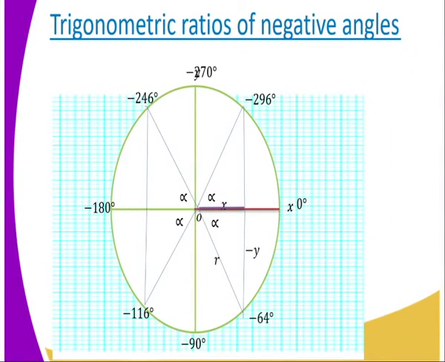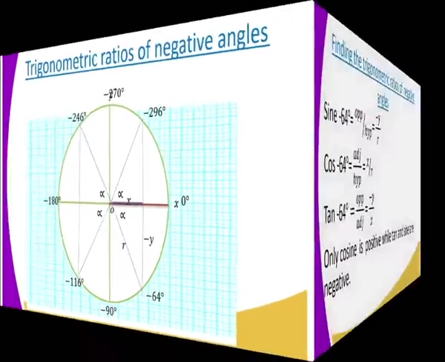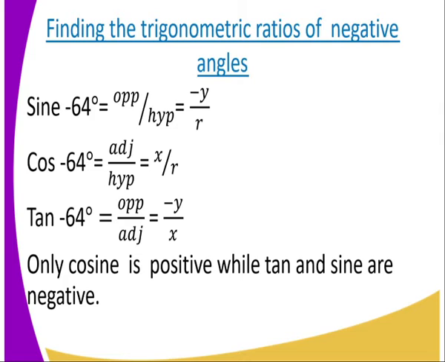We have other examples you can look at, and today I want us to use negative 64 degrees to get the trigonometric ratios. Sine negative 64 degrees is opposite over hypotenuse, which is equal to negative y divided by the radius. Cos negative 64 degrees is the adjacent divided by the hypotenuse, which is x divided by the radius.